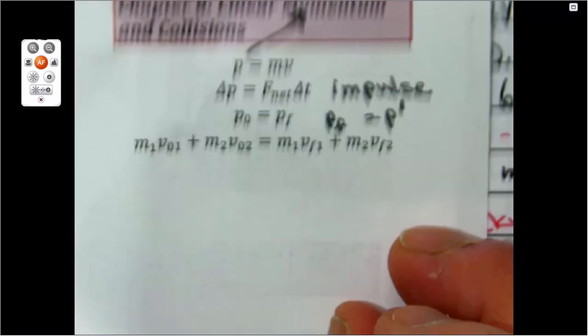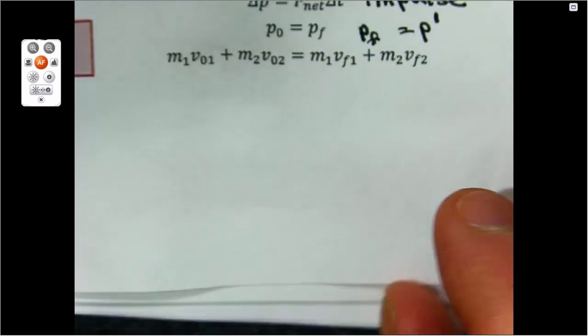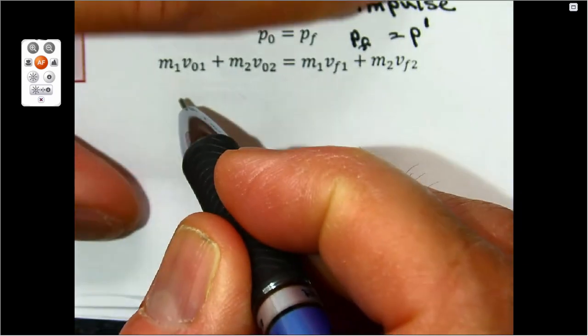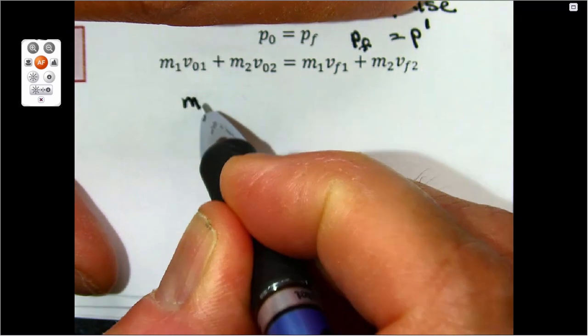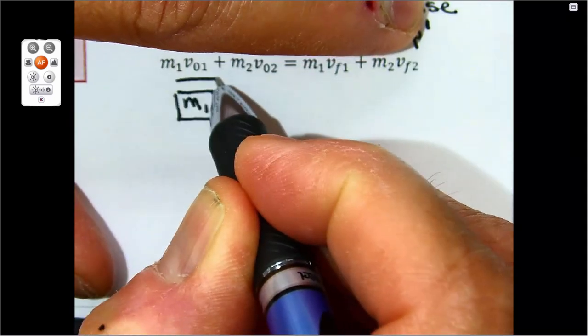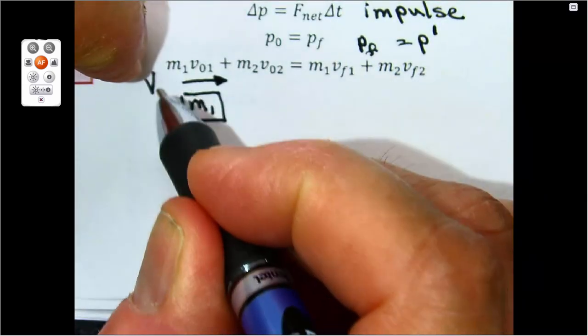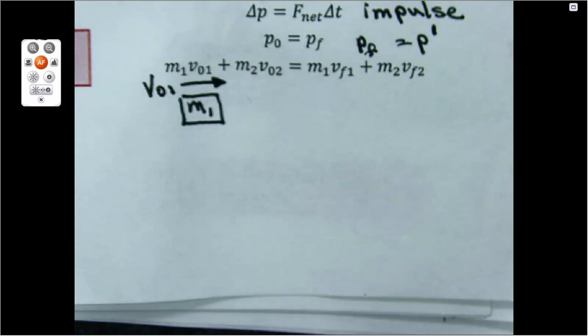Now, let's take our example we did last time, and here is a standard equation we can do. M1 is going to move that way with V initial 1.